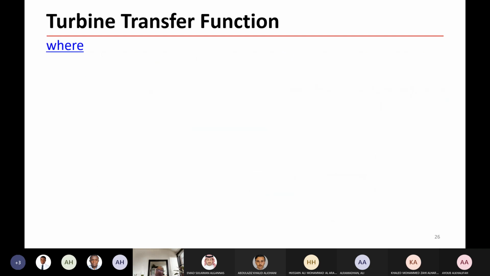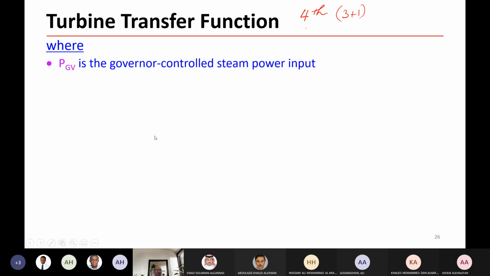So these 4 states can be added to the original one, which is the 4th order model, 3 plus 1. You can add this 4th order model of the turbine to this one also to simulate the mechanical power, if you want to include the effect of the governor there.